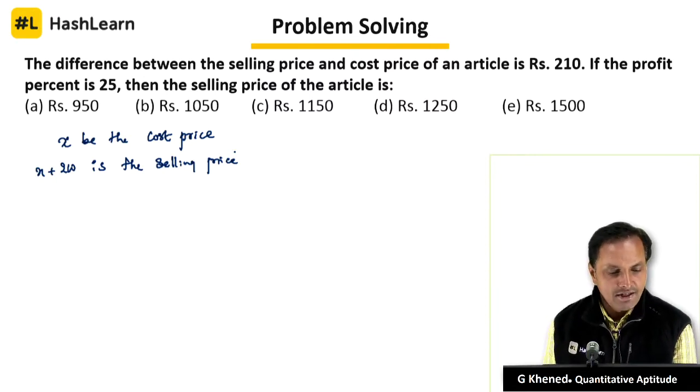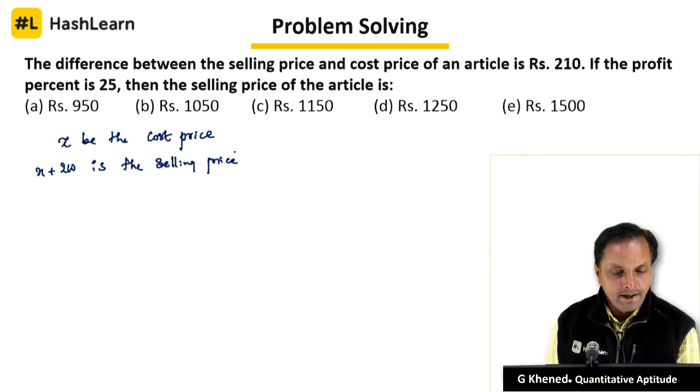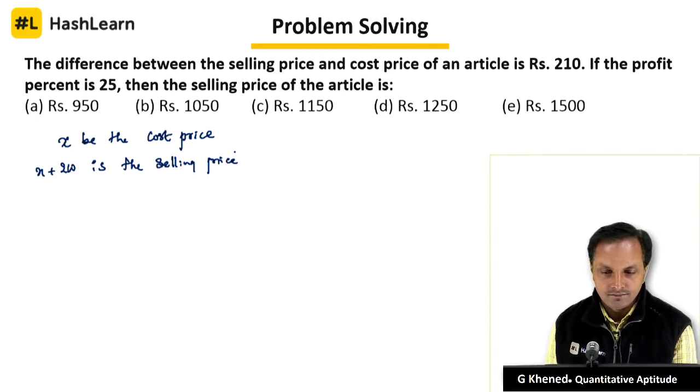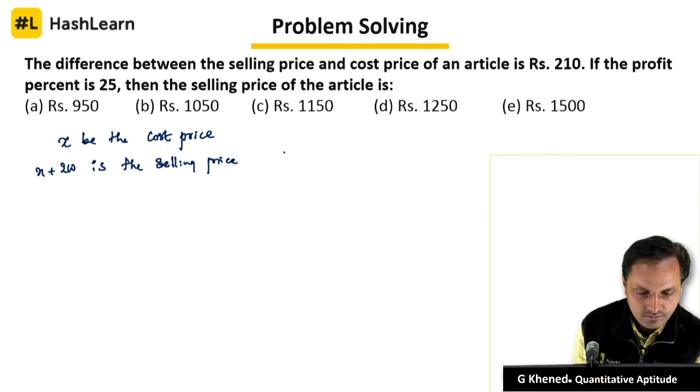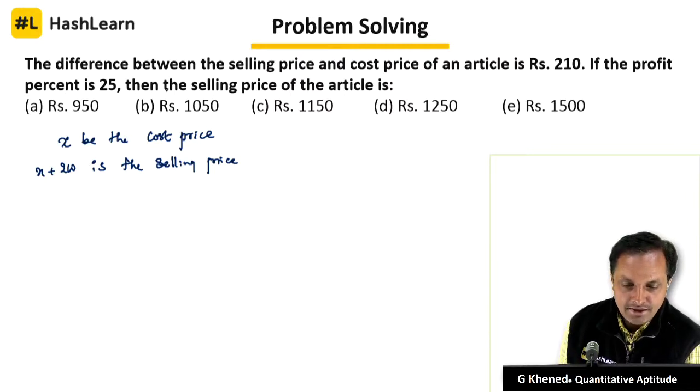If the profit percent is 25, then what is the selling price of the article?